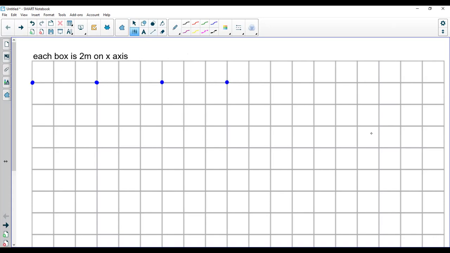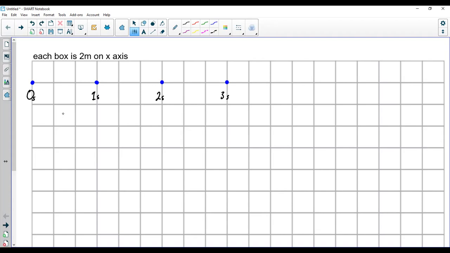So what is its speed? Who will say? At 0 second, it was here. At 1 second, it was here. And like that, at 2 seconds it's here, and at 3 seconds it's here.